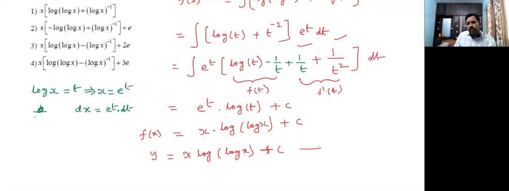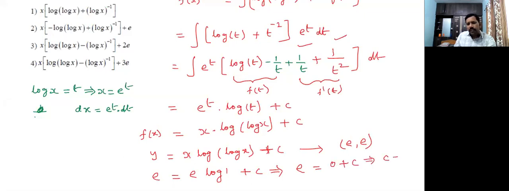It is passing through e comma e. Now substitute y as e, x also e, logarithm of log e to the base e is 1, plus c. That implies e is equal to, what is the log 1 value? 0. 0 into e is 0 plus c.